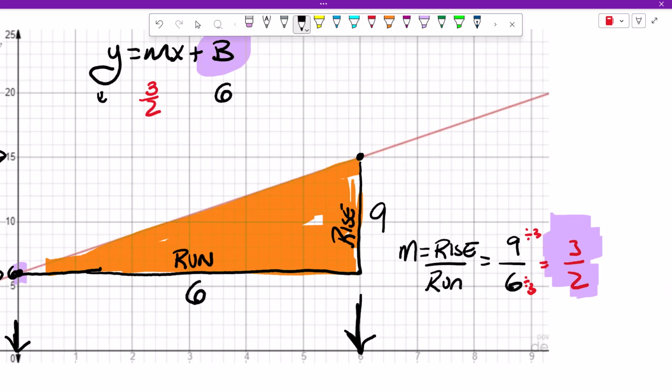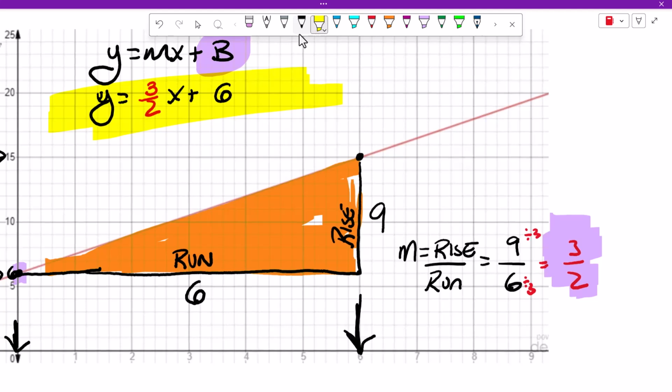So our equation for this line is y is equal to 3 over 2x plus 6. Okay? Two properties: where it crosses the y and the steepness of the line, the slope.